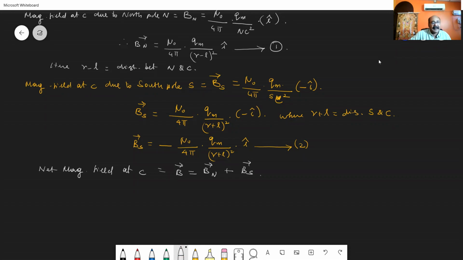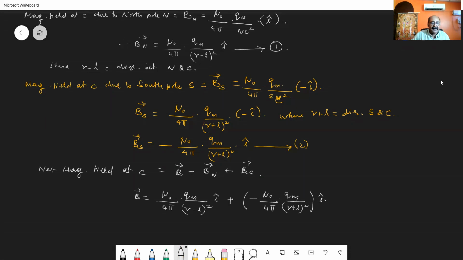How can I write this? So I can write B vector is equal to, what is Bn vector? I know mu 0 divided by 4 pi into Qm by R minus L the whole square into I cap, plus, again bracket, minus of mu 0 divided by 4 pi into Qm by R plus L the whole square, multiplied again with the I cap.